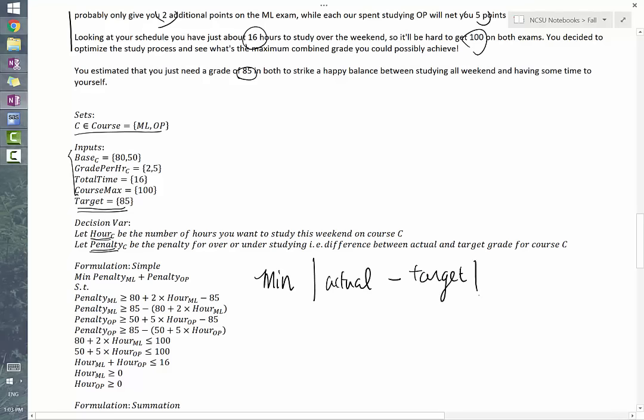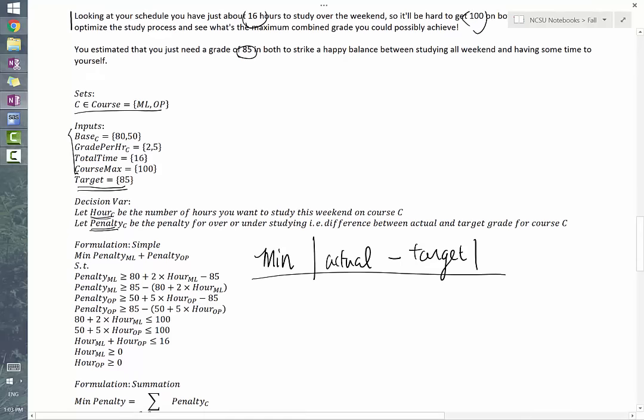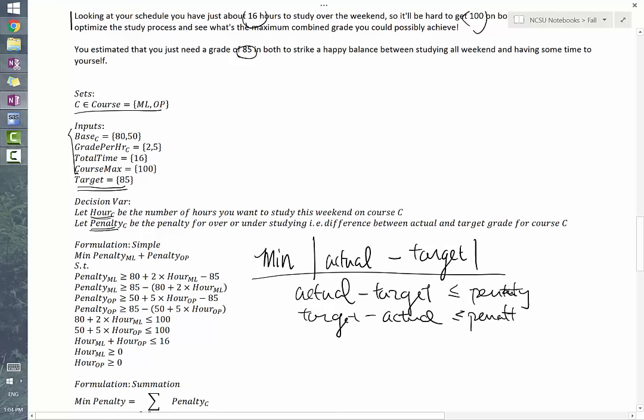And if you remember from your math courses, that is not a linear function. That looks something like this. How do we make it into a linear function? Well, we have one line here and one line here. So we will write actual minus target to be bounded by some penalty, and then target minus actual to be bounded by some penalty.